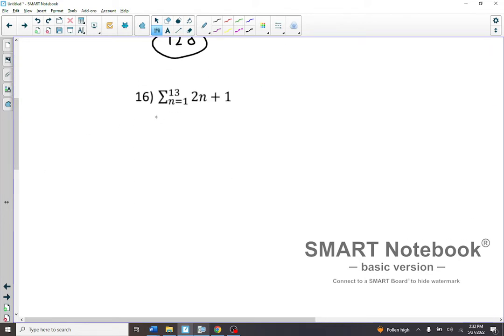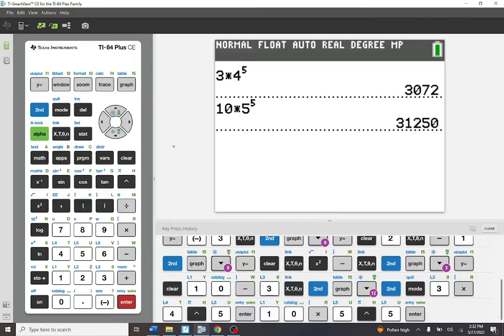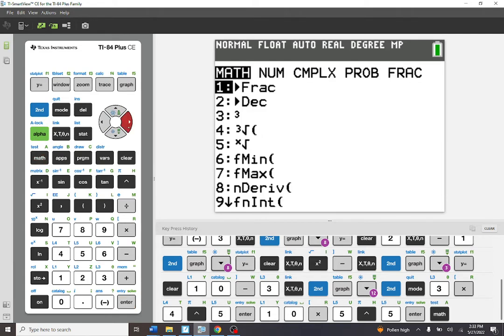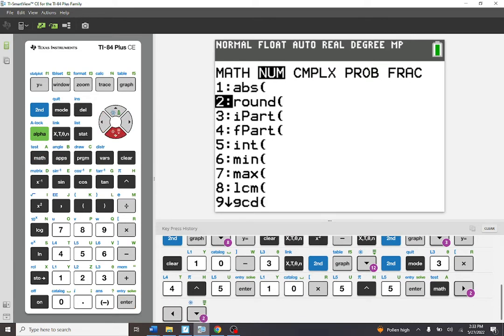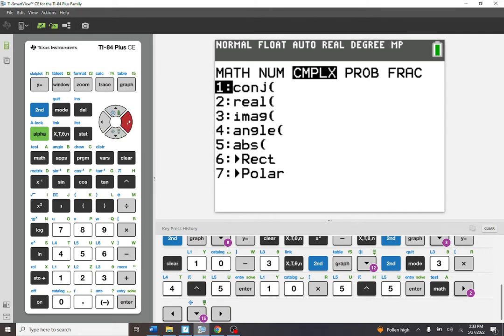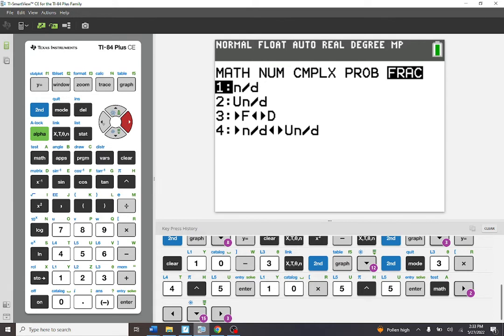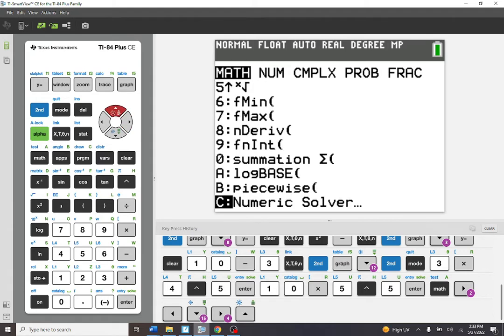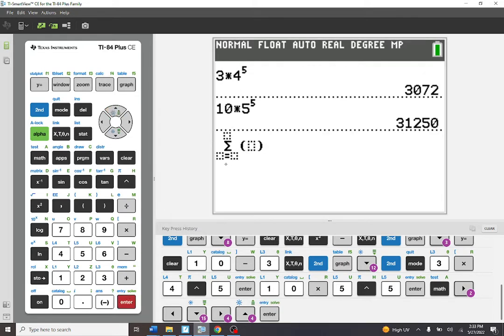Here, 1 through 13. So either you're going to go 1, 2, 3, 4, and so on to 13, or you can use your calculator to your advantage. Now in here, let me just make sure I actually remember how to do it. Depending on how good your calculator is, you could use a summation function.